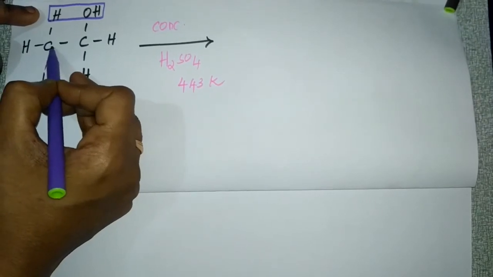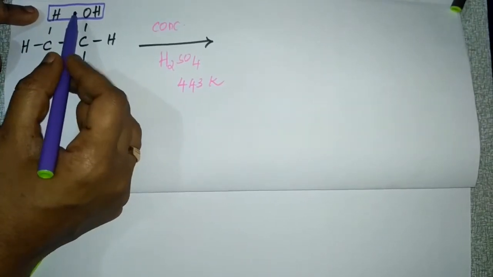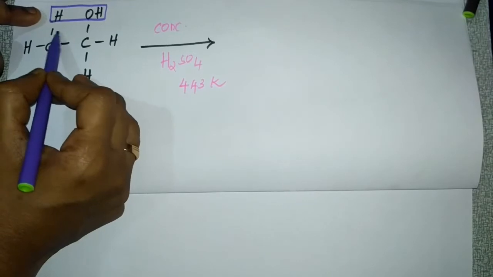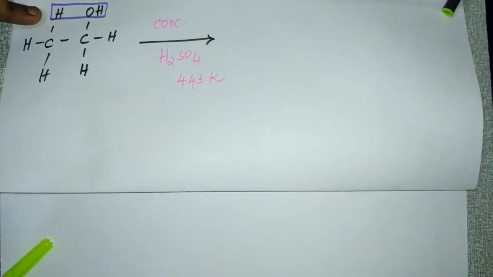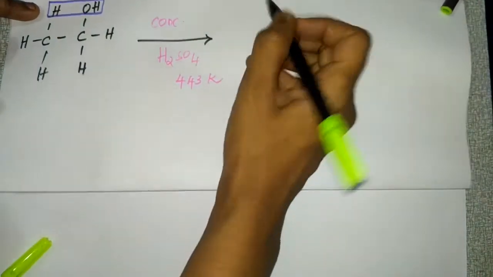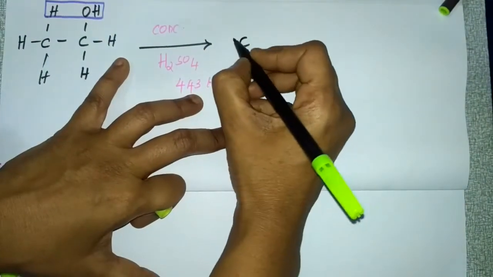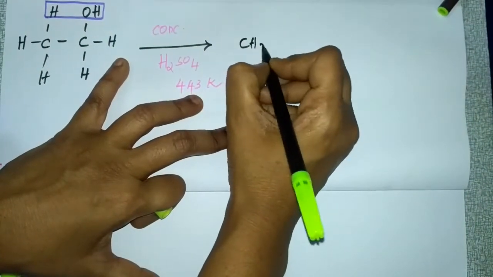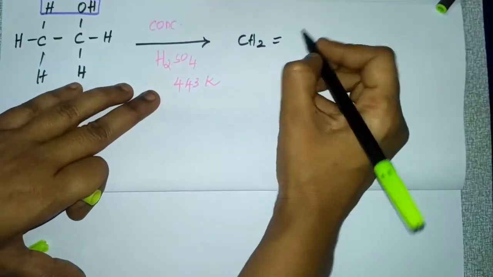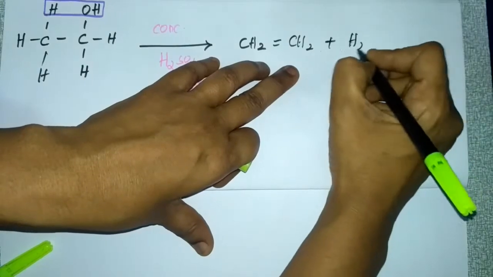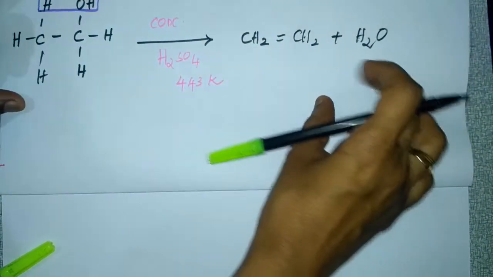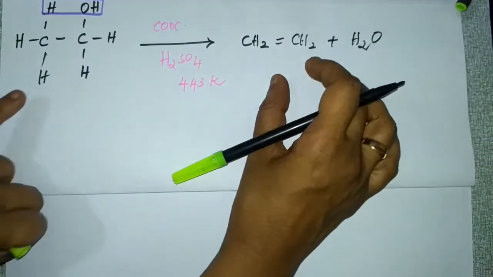From the beta carbon atom this hydrogen is removed, so definitely it will take the electrons from here, and the formed product will be CH2=CH2 with the removal of water molecule. So the formed product will be an alkene.